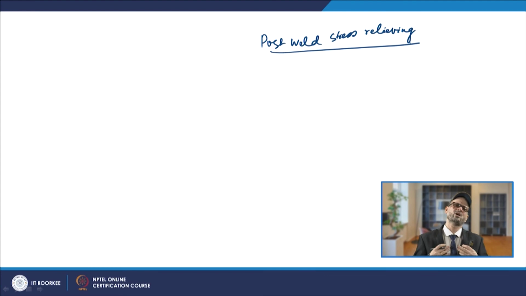To remove the residual stresses, the most simple operation is to anneal the specimen. Many times the most simple solution is to anneal the weldment, but it is not a practical solution because of the different shapes of the fabricated component.